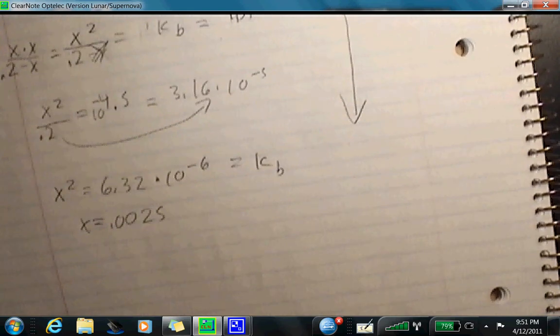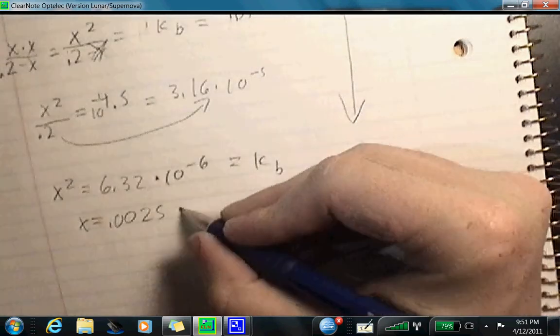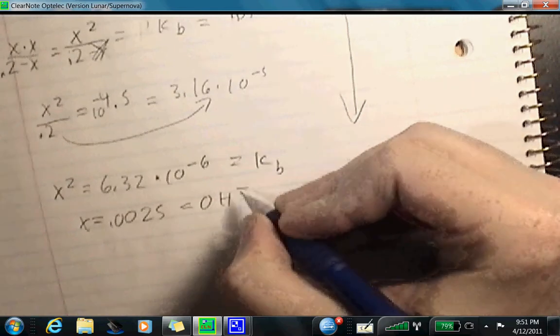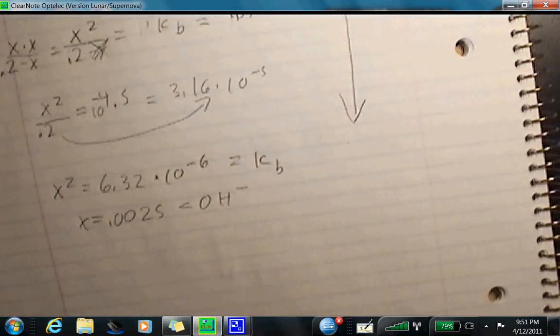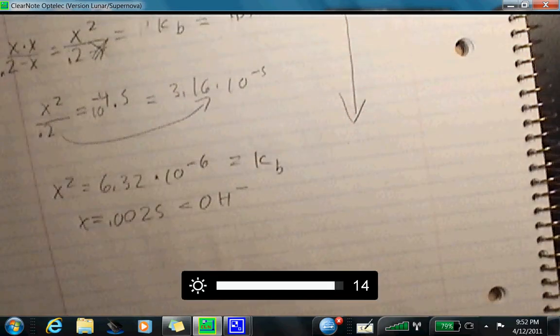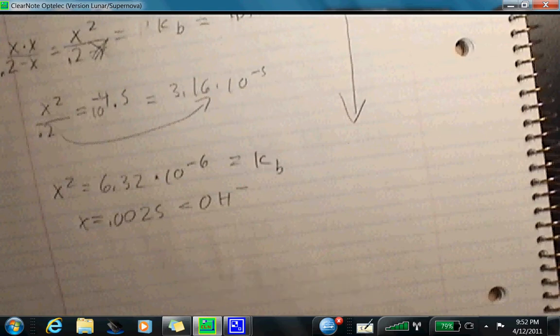So this is the concentration of our OH. So what we need to do is convert this into pH. But first, we need to convert it to pOH, then we can convert it back into pH.